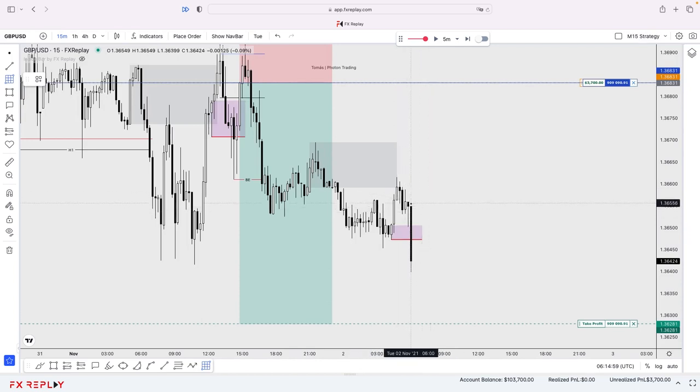So when it's not clean, I prefer to try to use a more generic approach, let's say, like include more candles.